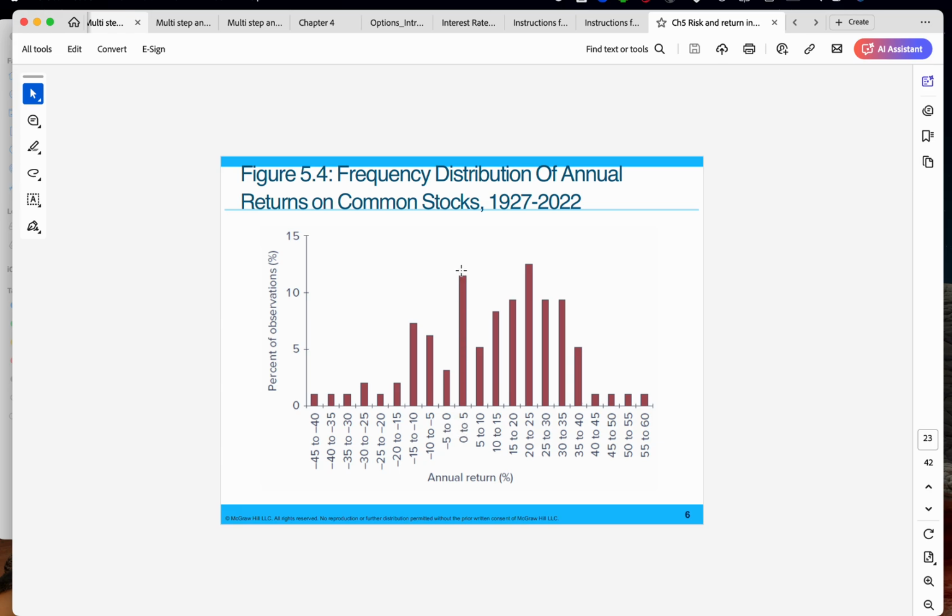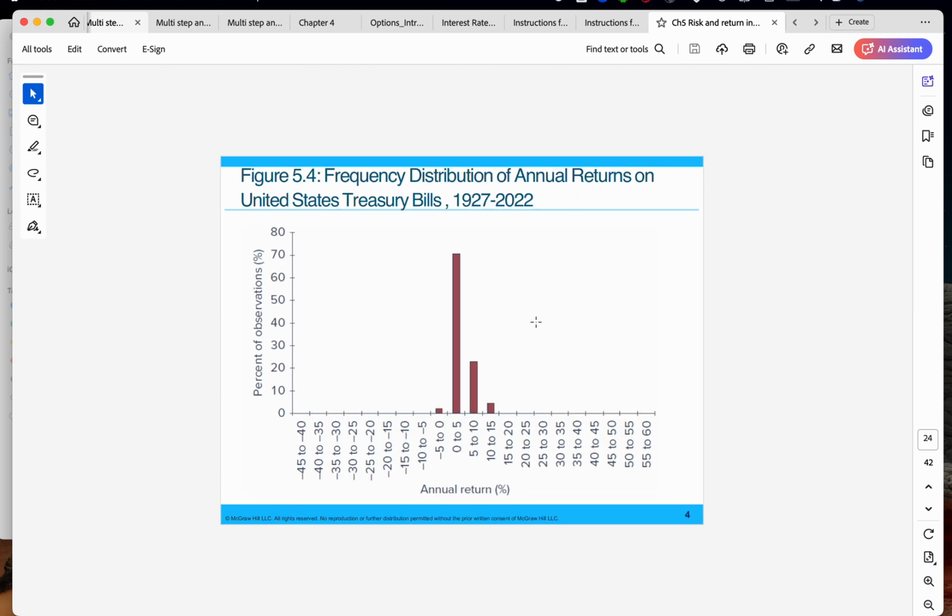So about 12% of returns were between 0 and 5%, and then even more, about 13% of observations between 1927 and 2022 fell between 20 and 25%. That is an amazing statistic. A 20-25% annual return over that period of time can really add up and help you grow your savings.